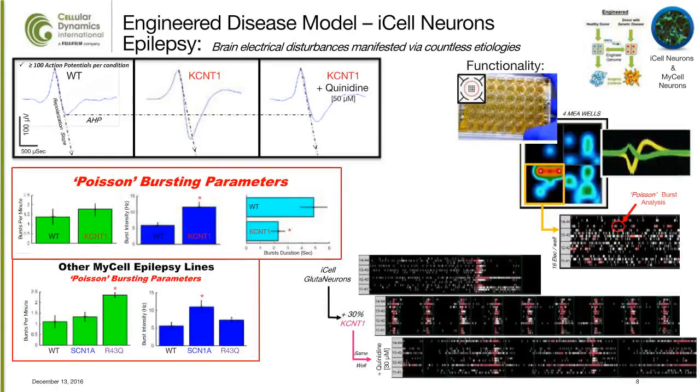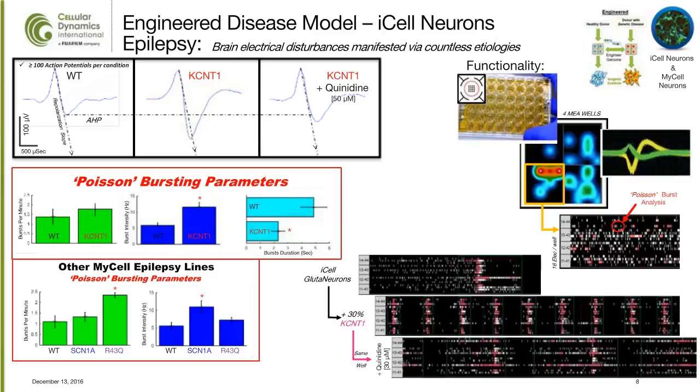And we also have done, obviously, functional measures with these neurons. After all, epilepsy is a brain electrical disturbance, and therefore measuring the electrical activity of these neurons is crucial. On the MEA, what we have discovered is if we capture the waveforms of the KCNT1 mutated neurons, we can see an increased repolarization and an increased after hyperpolarization, which is something that we would expect to find in this mutated neuron type.